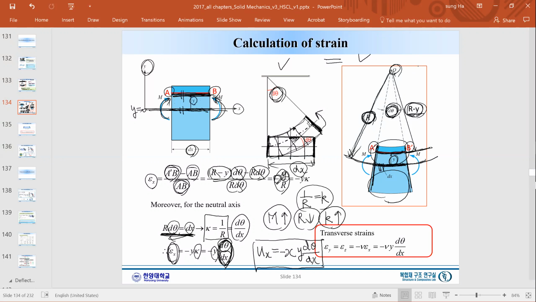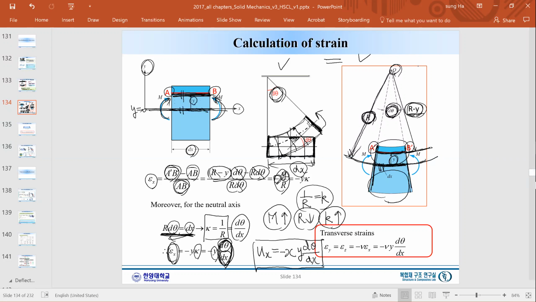Ux directional, as you can see here. For example, take a look at this line and here, and this moved.